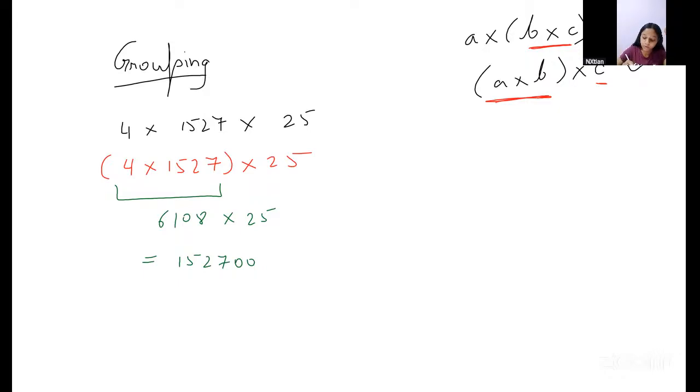Like 4 into 125 first we group, then into 25 we will do after the answer comes. Is that correct, teacher? Yes, after the answer comes.